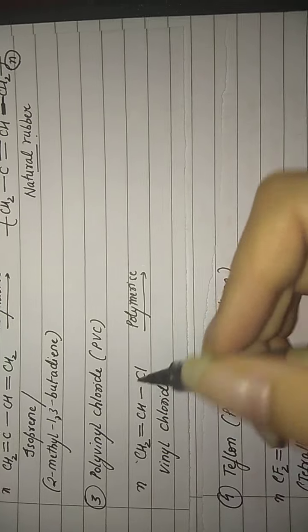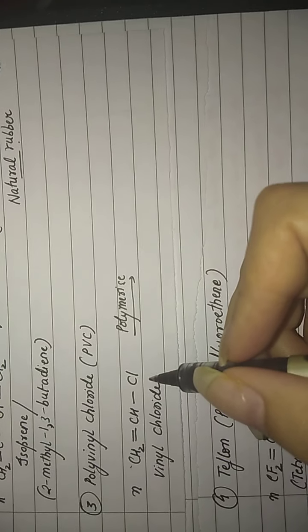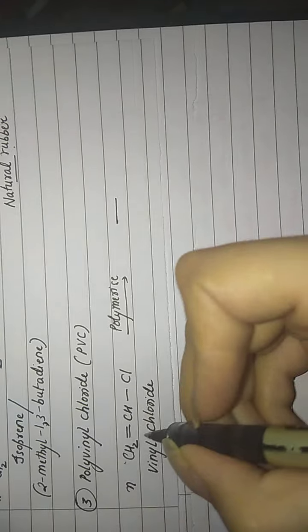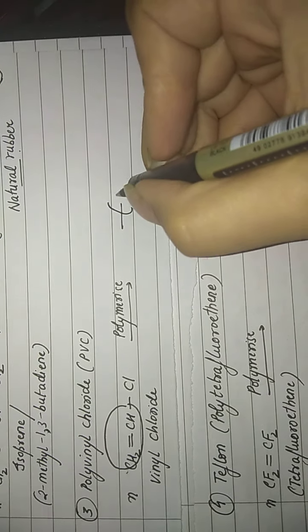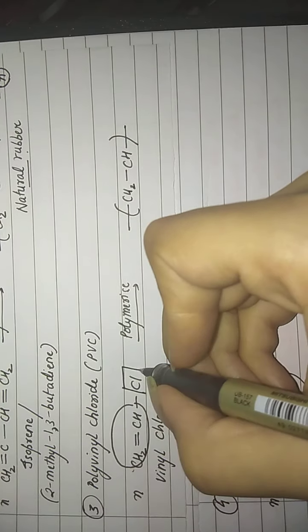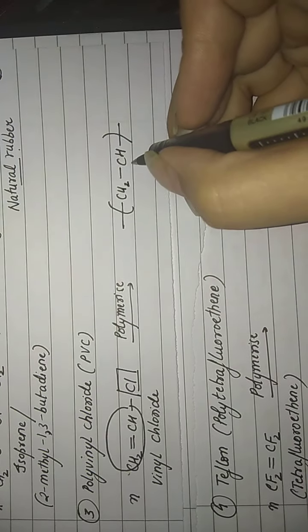Okay, polyvinyl chloride. We know what vinyl chloride is. We have already done it in the chapters of organic chemistry. Now polyvinyl chloride, as I've already discussed, we carry out the polymerization around the double bond, CH2CH, this much, and this substituent Cl was present on this carbon atom.